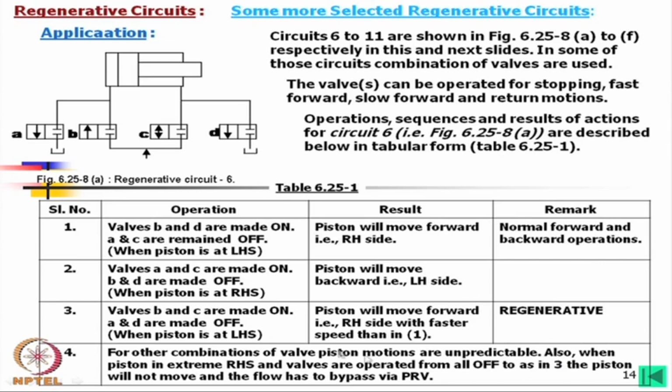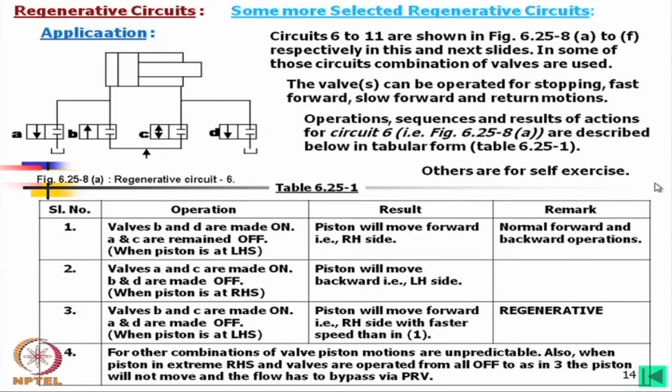So, basically we should say this is unpredictable. This means that when you are given a circuit like this, for your self understanding, or in question form, you have to make a table like this, look into all possibilities and write down what operations, what motion is possible with that combination of the valves.